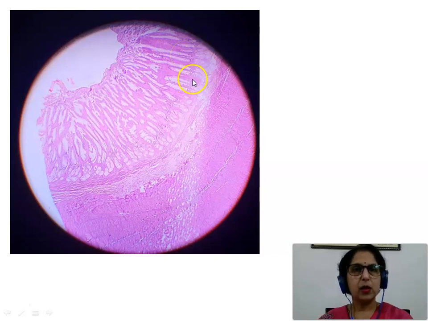And in the lower part, occupying the lower 1/3, we see the pyloric glands. We also see the muscularis mucosae, the submucosa made up of dense connective tissue, and we see the muscularis externa showing a thick layer of inner circular smooth muscle layer.